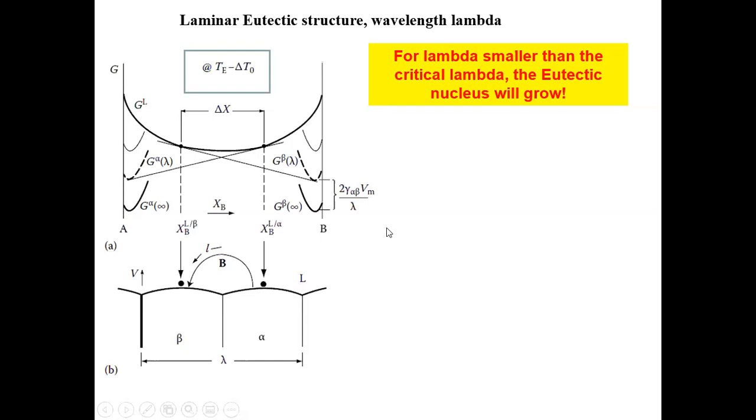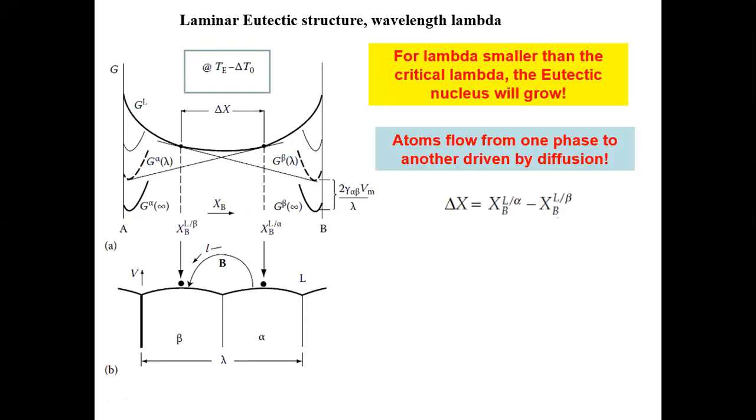But we also know that in these systems, the transport of the solutes is basically driven by diffusion, right? So this means that based on Fick's first law, if you want to maintain a continuous flux of B atoms from the liquid in front of the alpha phase to the liquid in front of the beta phase, you have to have a steady-state or very stable atomic flux. And we know flux is proportional to the gradient.